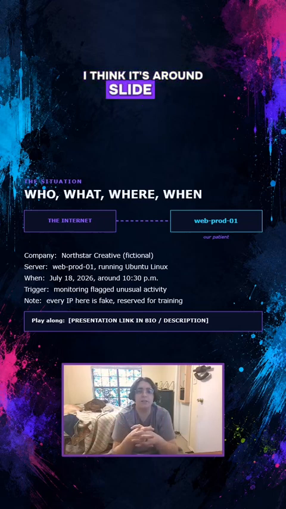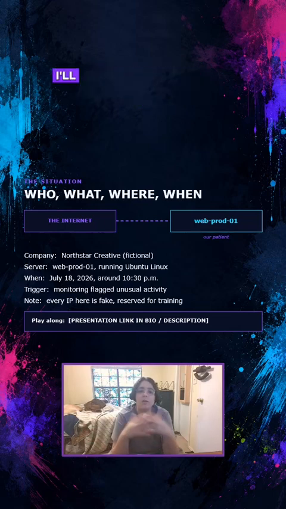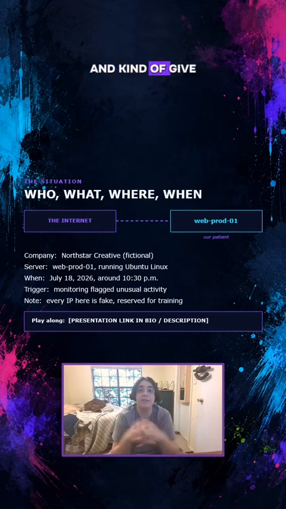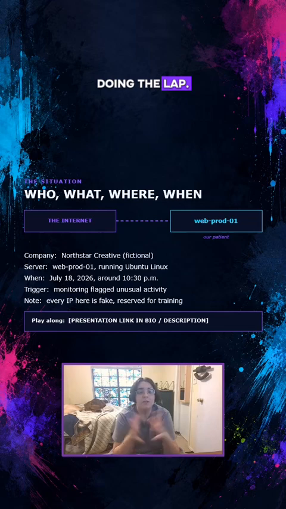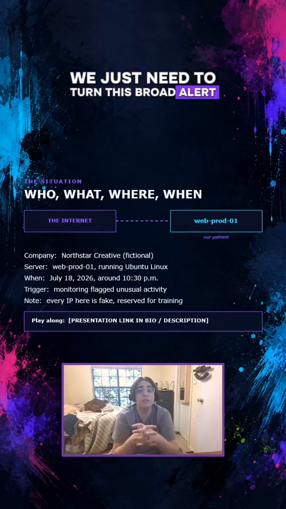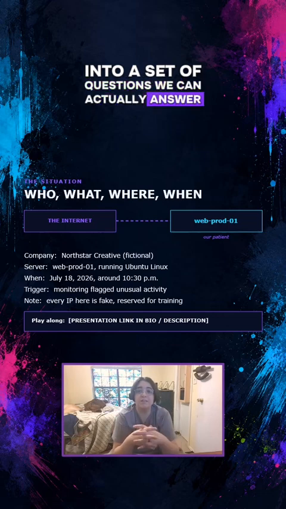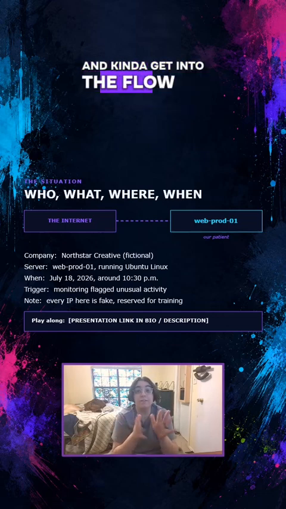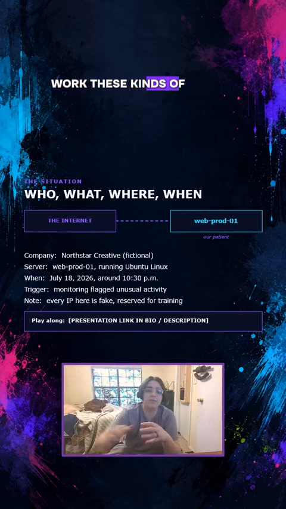I think it's around slide 25. If you watch the video, I'll explain which package to use first and give you more context for doing the lab. For now, we just need to turn this broad alert into a set of questions we can actually answer and get into the flow of how we work these kinds of things.